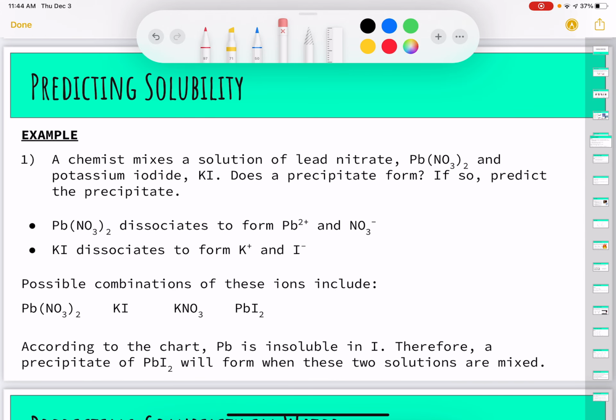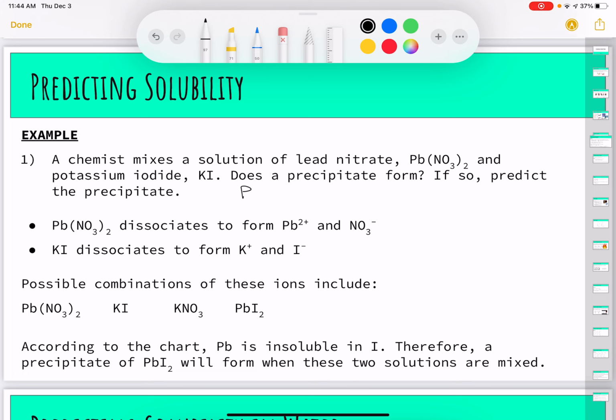It says a chemist mixes a solution of lead nitrate, Pb(NO3)2, and potassium iodide, KI. Does a precipitate form? If so, predict the precipitate. Okay, so this is almost going beyond what we already know, but I will explain how this works.